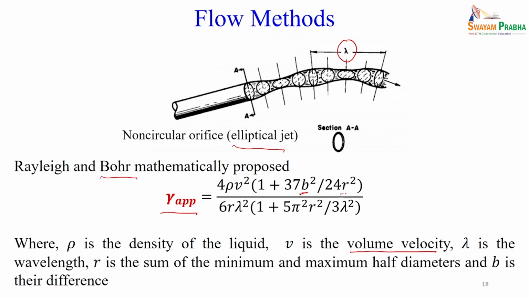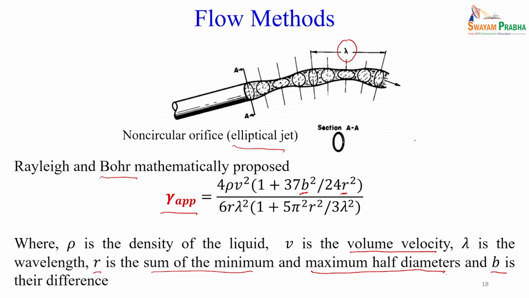There are two parameters we are playing with, one is B and the other is R. R is the sum of the minimum and maximum half diameters, and B is the difference between the minimum and maximum half diameter. These two parameters we have to analyze from these images, or computer control devices, and once B and R are known, in this equation we can easily calculate the surface tension.